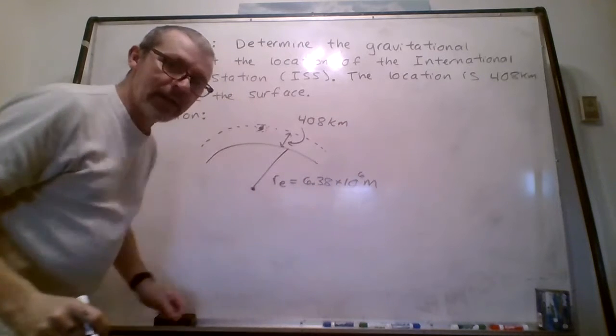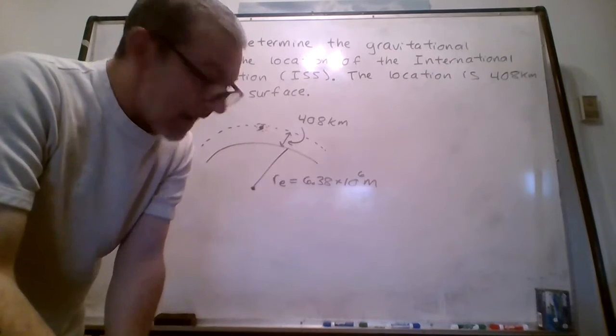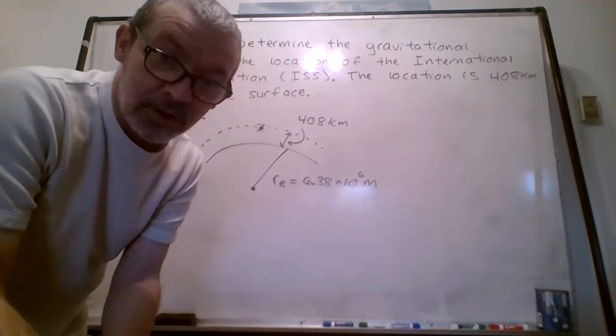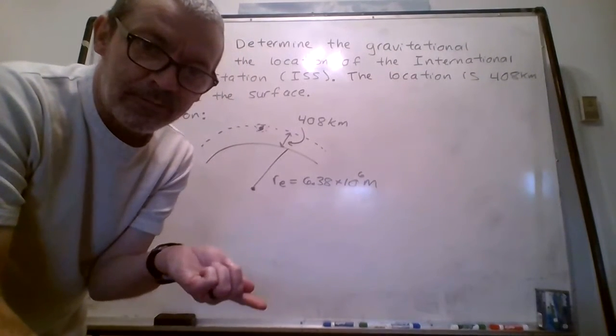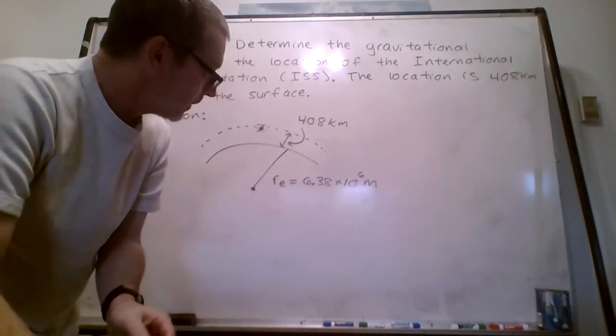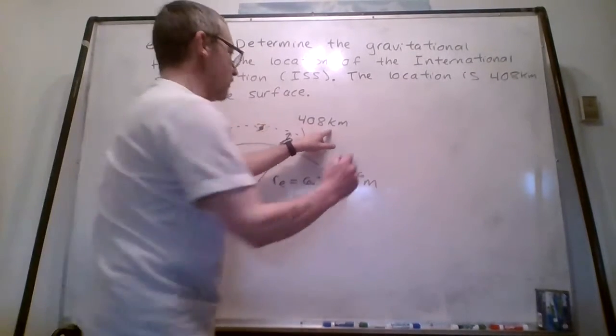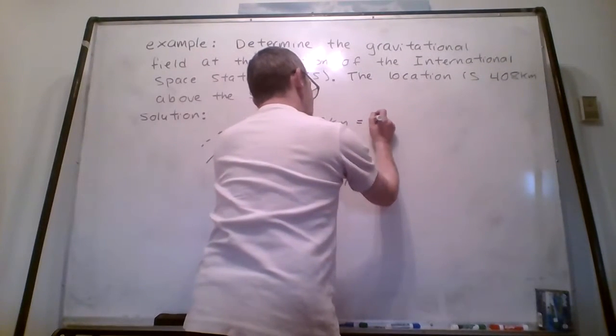First, that's an altitude. We're going to add that to the Earth's radius to find how far the International Space Station is from the center of the Earth. And be careful when you do this addition. You've got to change those kilometers to meters.